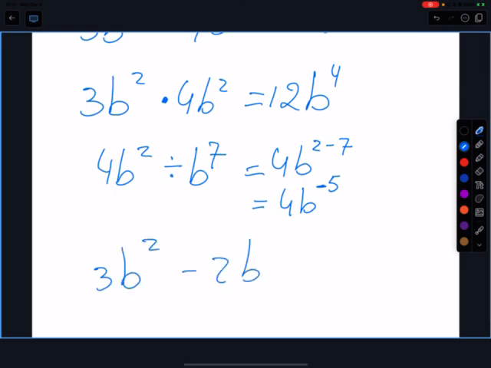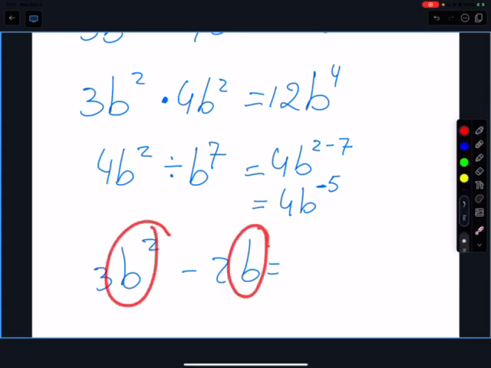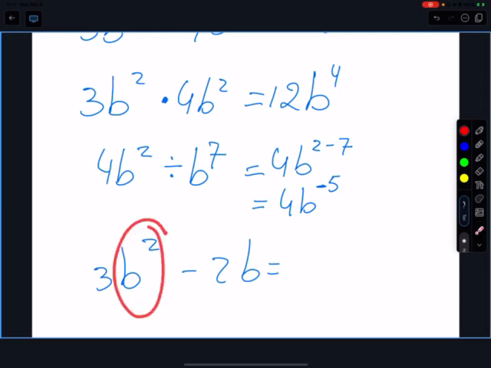3b squared minus 2b. Nothing happens, because they're not the same. These two are not the same. Remember, subtraction is different than multiplication and division. They're different. You cannot do anything because this is b squared. Yes, it stays like that. It doesn't remove. Yes, correct.